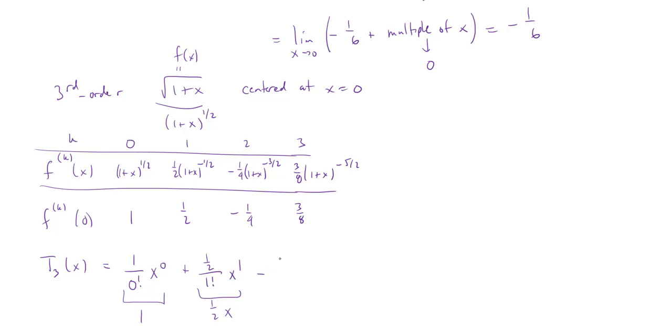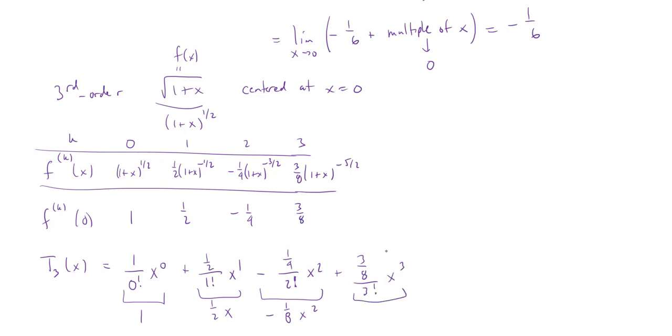Then we get minus 1/4 over 2 factorial, x squared. So this is going to be minus 1/4 over 2, which is 1/8, x squared. And then we're going to get plus 3 over 8 over 3 factorial times x cubed.